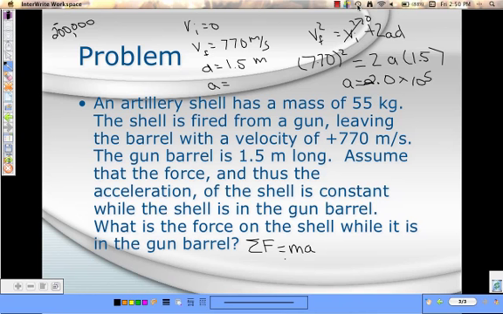Why 2? Because we're dividing. You don't get that same answer? What do you get? Did you divide by 1.5, you squared, can I see that?